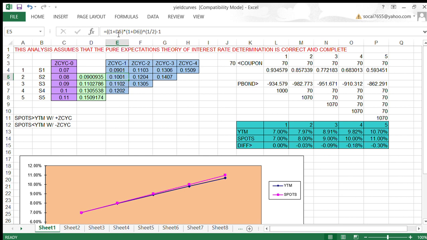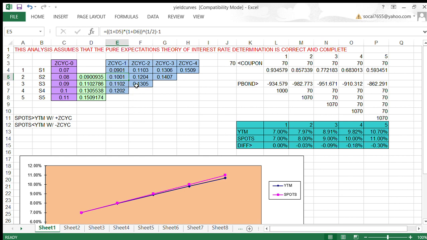It's 1 plus the forward rate over the second period, times 1 plus F3, which is calculated here in this cell. You take the square root of that and subtract 1. Okay? And we can do that because of this assumption.